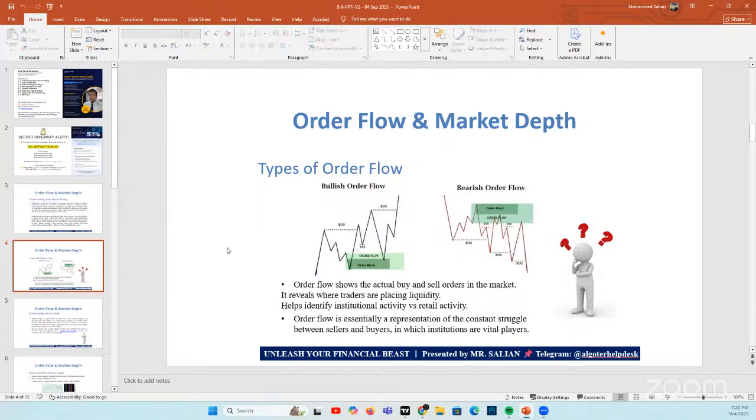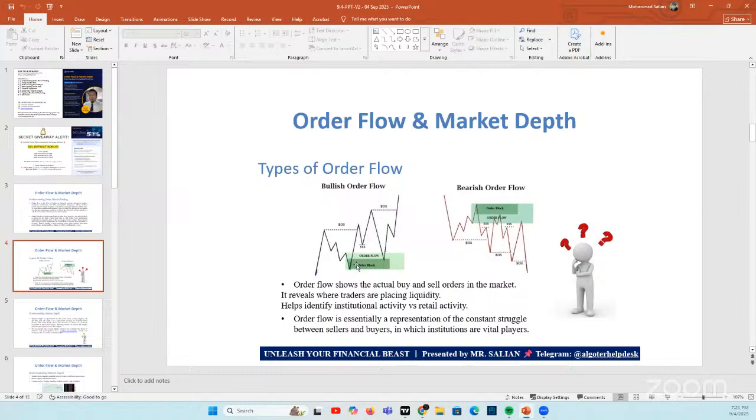Order flow is essentially a representation of the constant struggle between sellers and buyers, in which institutions are vital players. So you see, my friends, when you see this big green candle, retail traders cannot do that. They need more money, like hundreds of millions, to drive these prices up.